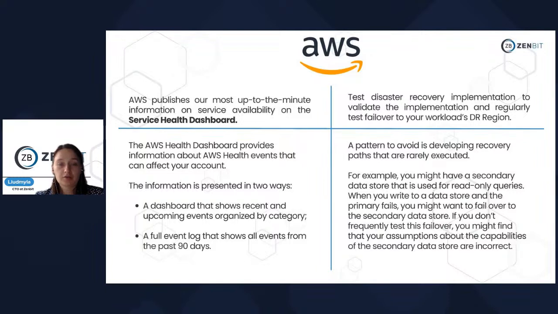Also, a few words about the AWS Health Dashboard, which provides information about health events that can affect your account. The information is presented in two ways: a dashboard that shows recent and upcoming events organized by category, and full event logs that show all events from the past 90 days.